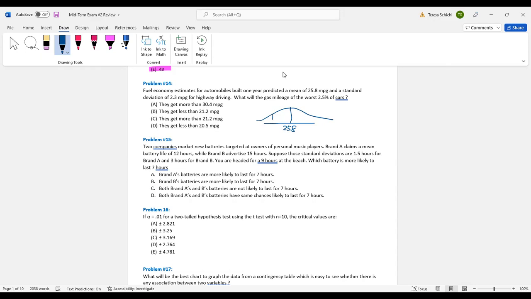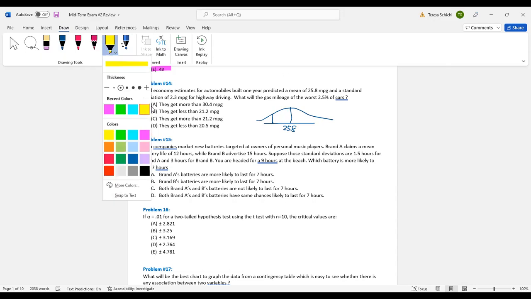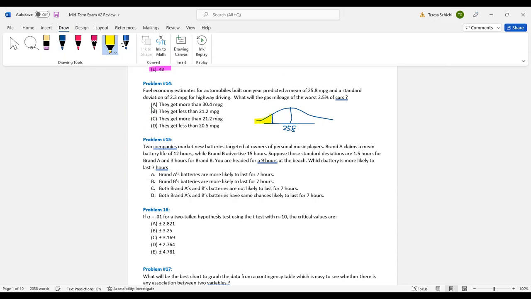Worst means it's less gas mileage, right? So they want to see the worst 2.5%. So this yellow area is what? 0.025, right? So I want to find what value will give me the worst 2.5%.